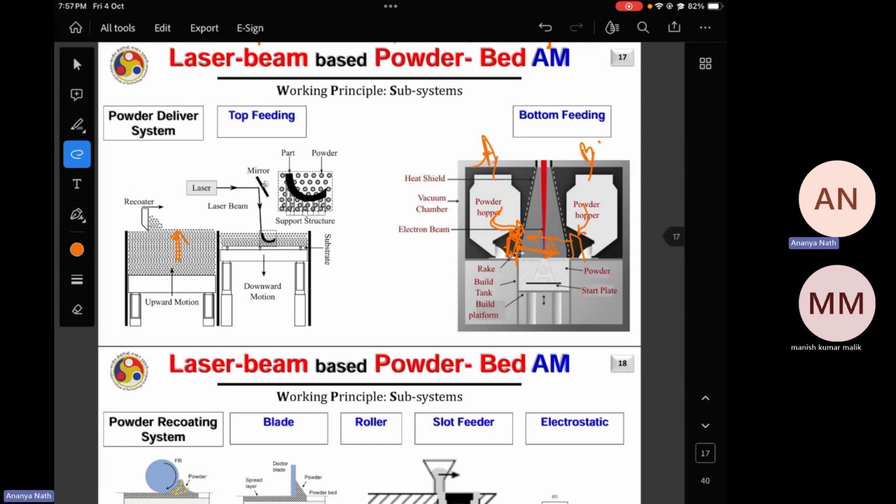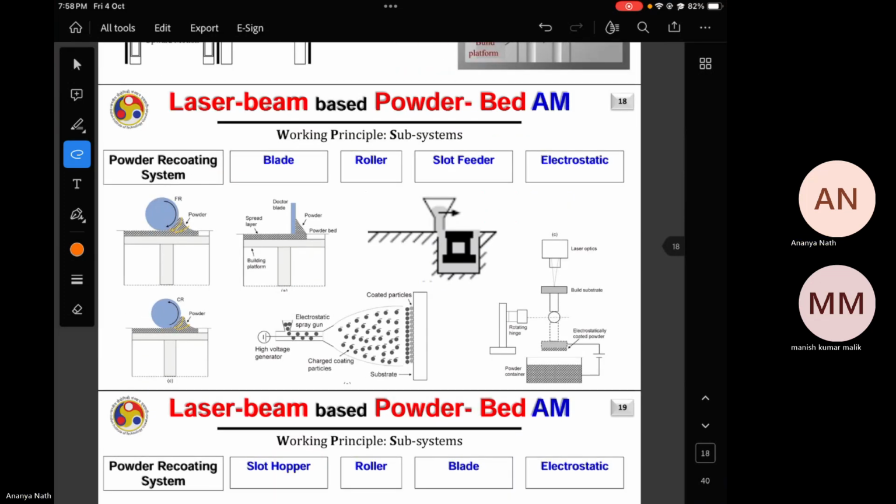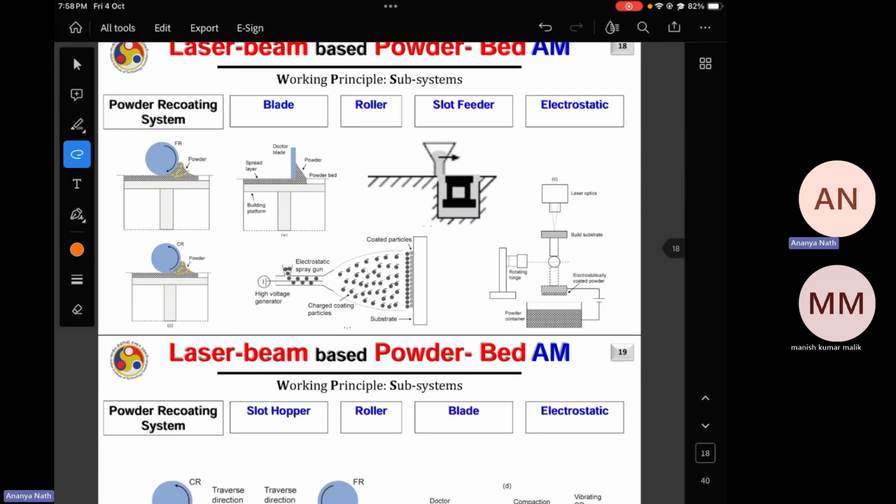And the recoater will have teeny slots, means very small holes, in it, through which the powder will come uniformly. Then there is top feeding and bottom feeding. Now we know how the feeding system can work.